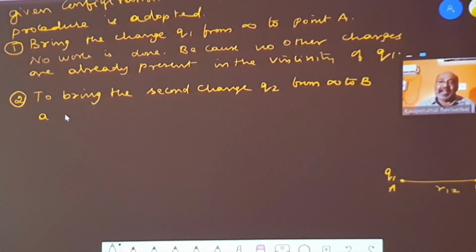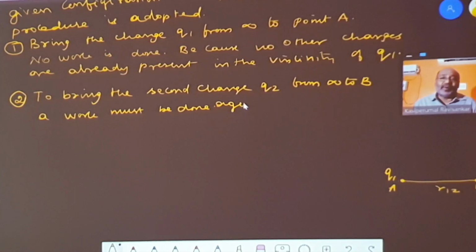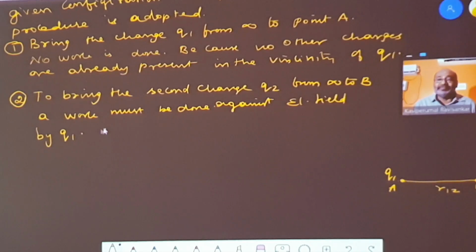What is the reason? Q1 will have an influence on this point B, and due to the electrical field there is a repulsion, because work must be done against the electrical field produced by the charge Q1.